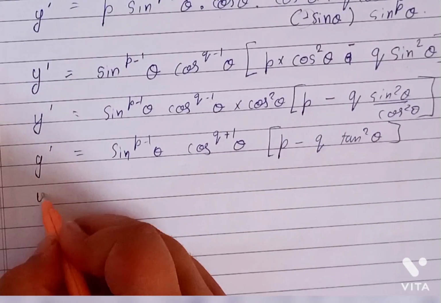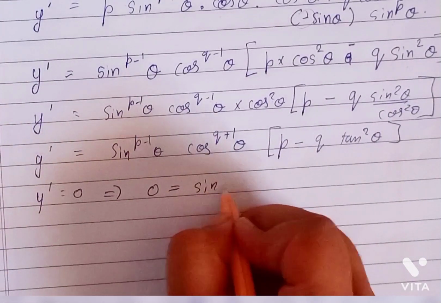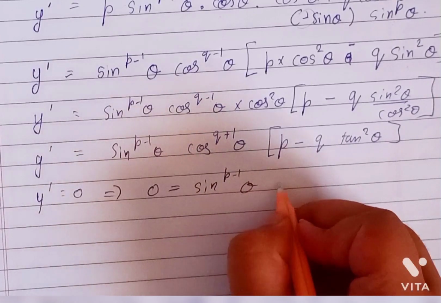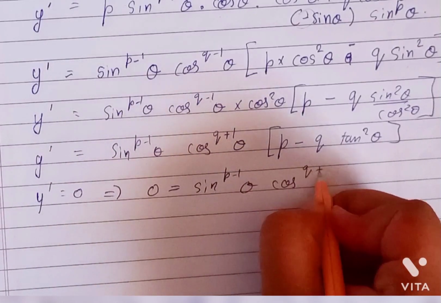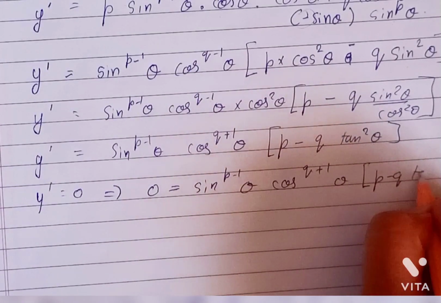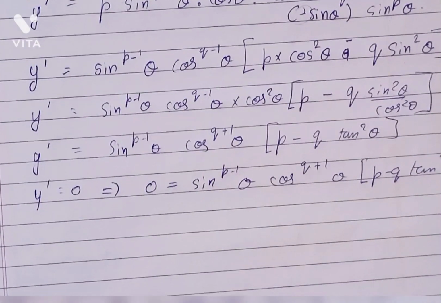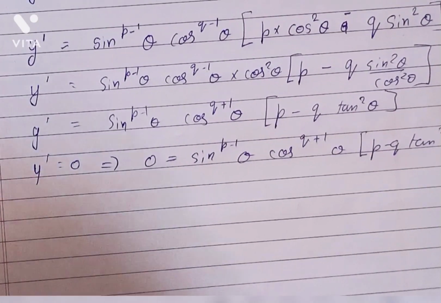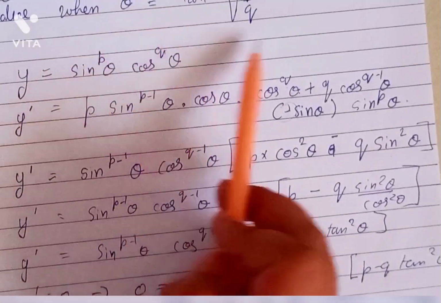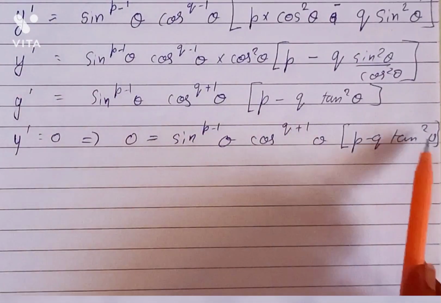Now my next step is to put y dash equals to 0. So it will be 0 is equal to sin to the power p minus 1 theta into cos to the power q plus 1 theta into p minus q tan square theta. Alright. Now we need this tan theta one only.